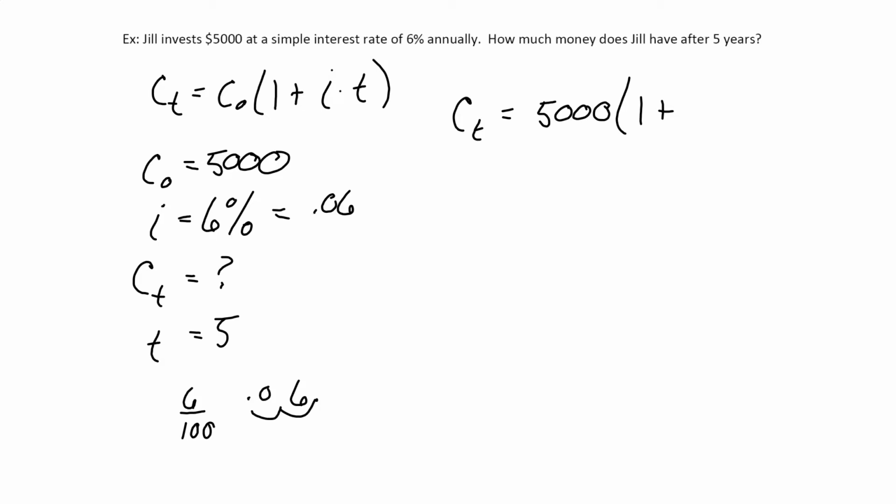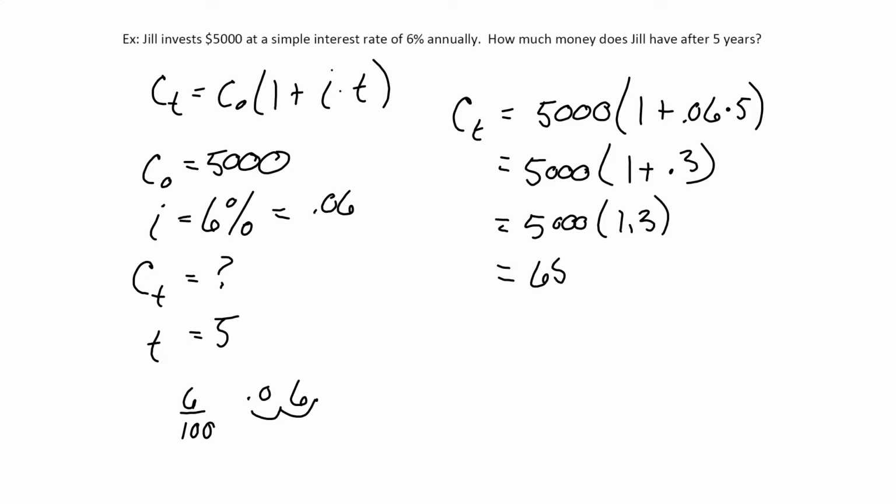So 0.06. And then times the value of T. So that's 5,000 times 1 plus 0.06 times 5, which is 0.3, which is 6,500. So Jill has $6,500.